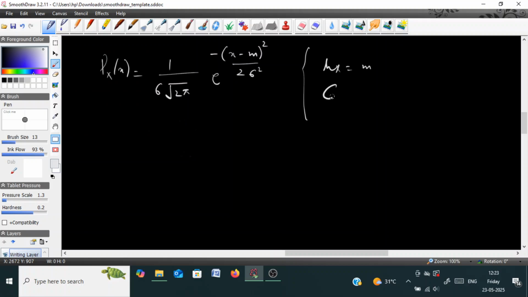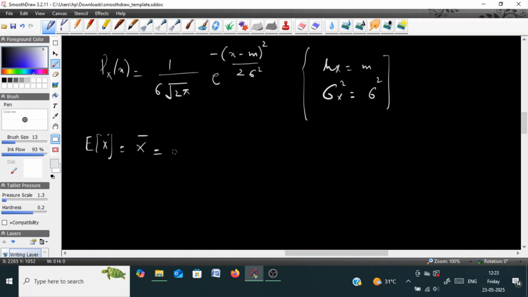So you have p of x, which is 1 by sigma under root 2 pi and e raised to power minus x minus m square divided by 2 sigma square. So I am saying that it is a random variable which has a mean value of m, and the variance of this random variable is sigma square.